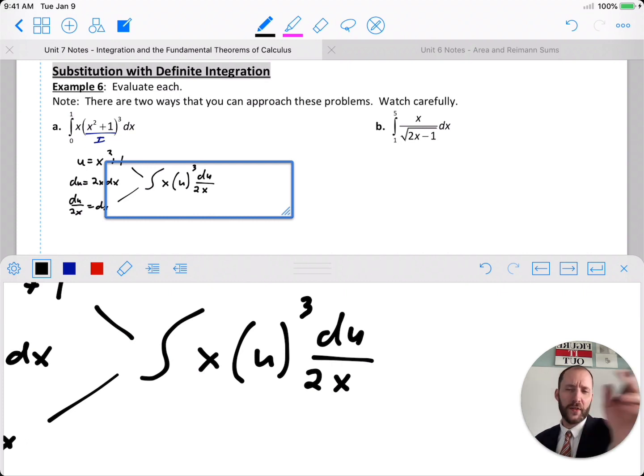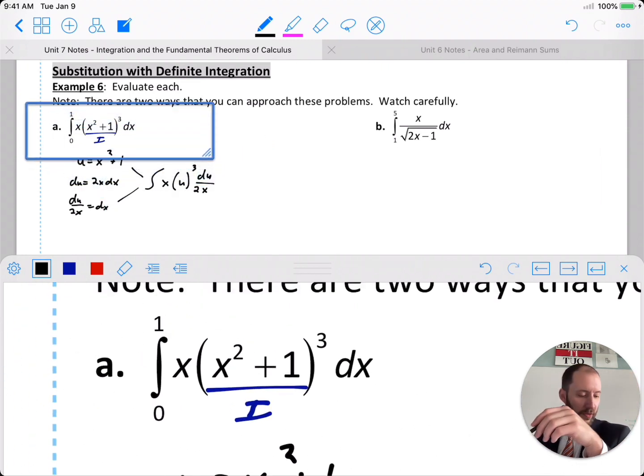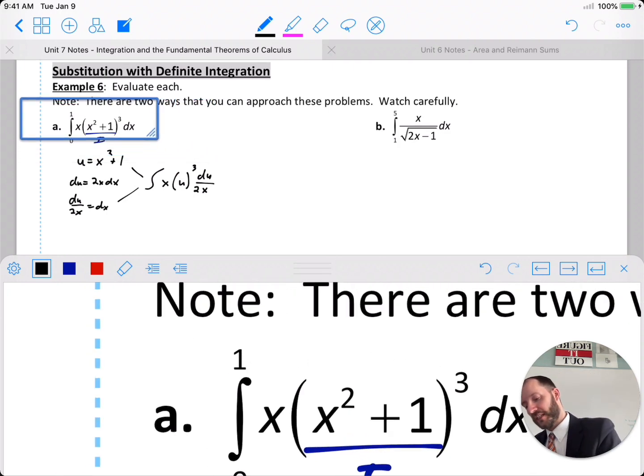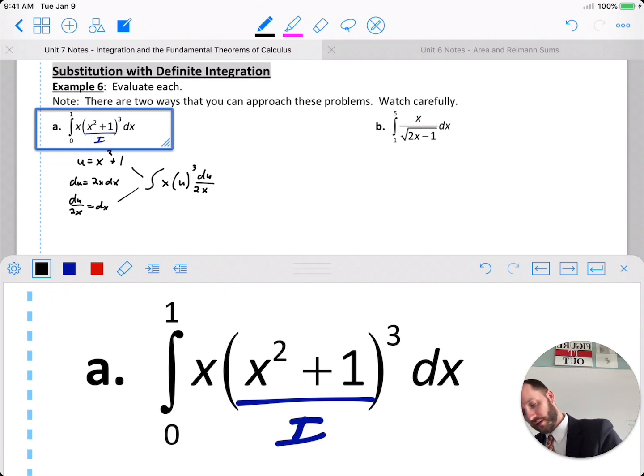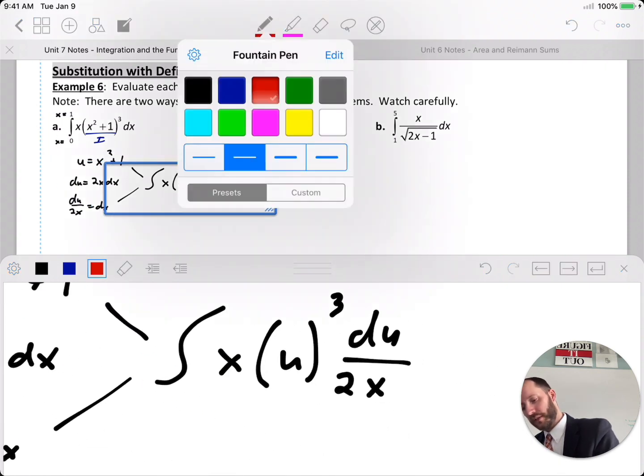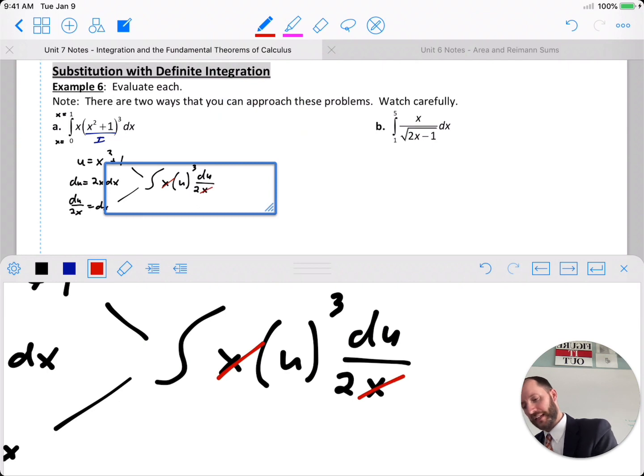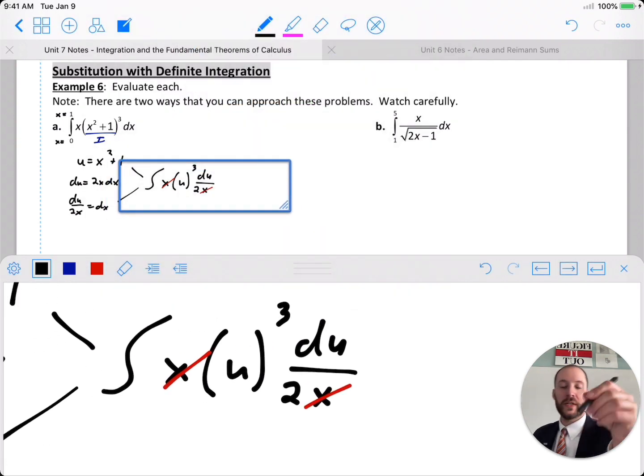Now this is the definite integral, right? Our bounds were 0 to 1 dx. And it's important, those 0 and 1, those bounds, what variable do they represent? Because this is dx, this 0 and 1 represent x values. Well now, down here, x's cancel out. We have u and du.